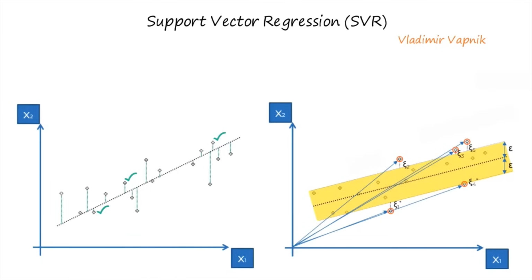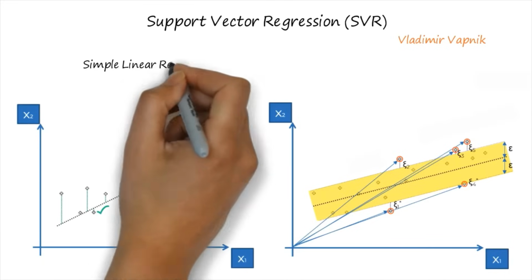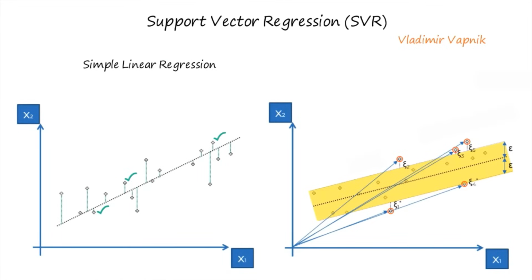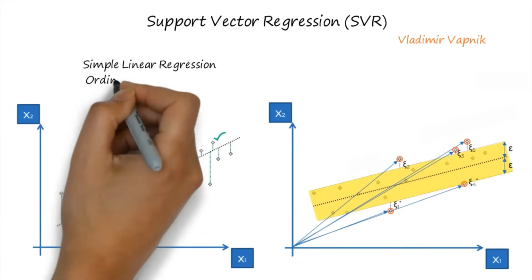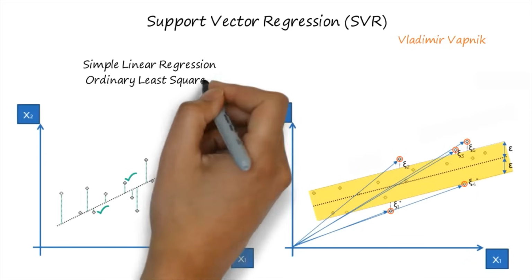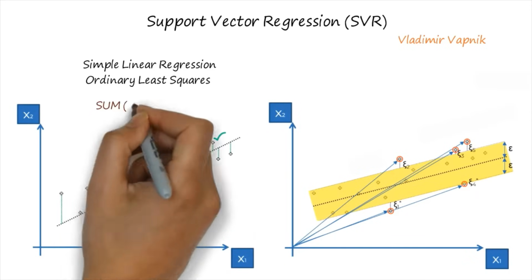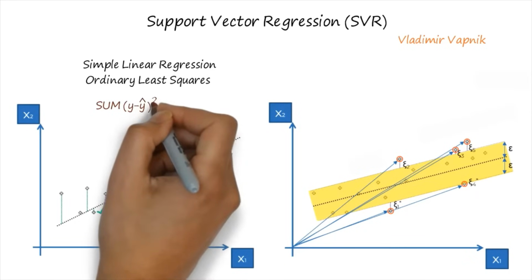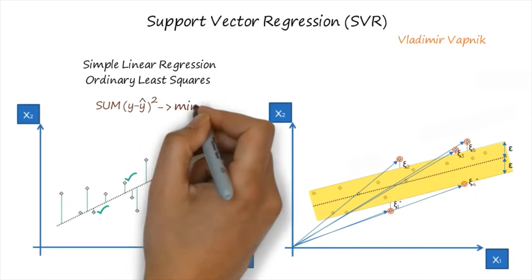Same thing is copied on the right in order to make them identical so that I can compare these two diagrams. So on the left, we have applied simple linear regression with a method which is known as ordinary least squares. So here we have to understand SVR with respect to simple linear regression.